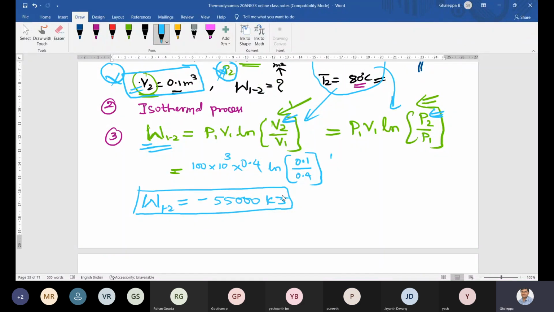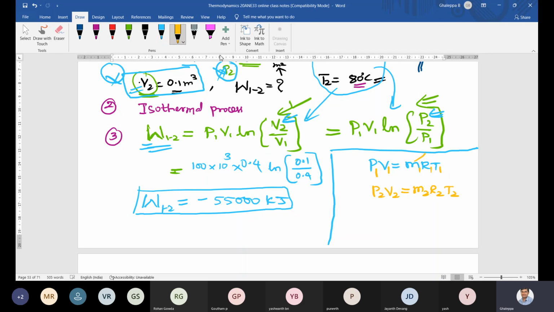This is a second method to solve the same numerical. First I will write at the initial point: P1 V1 is equal to M1 R1 T1. In the final state, P2 V2 is equal to M2 R2 T2.